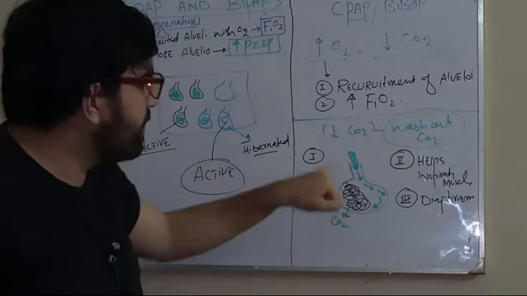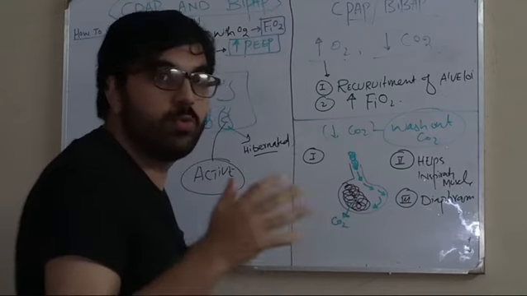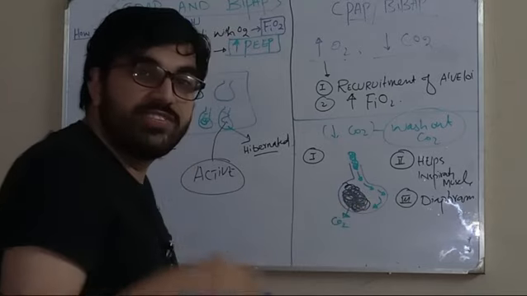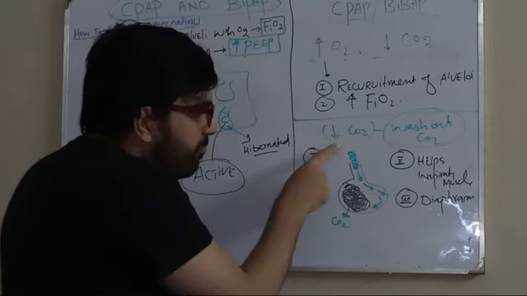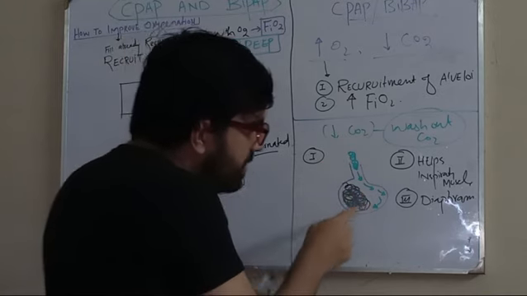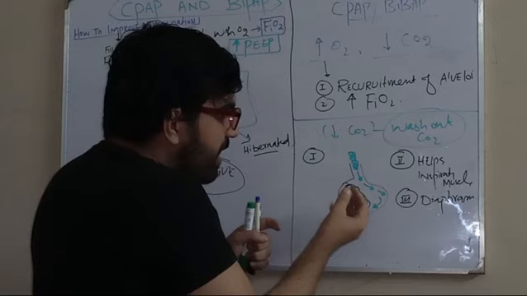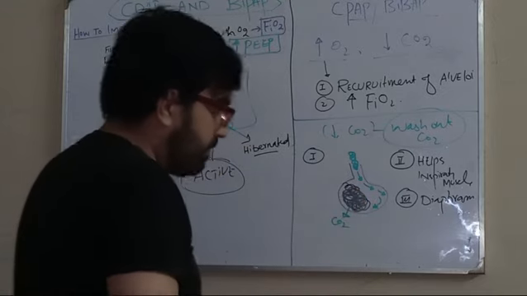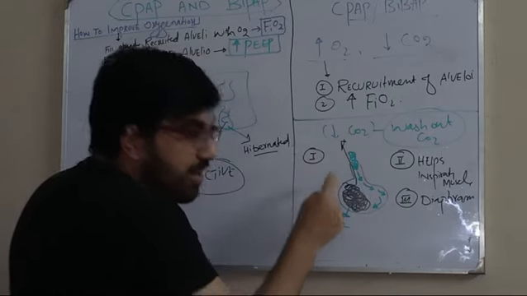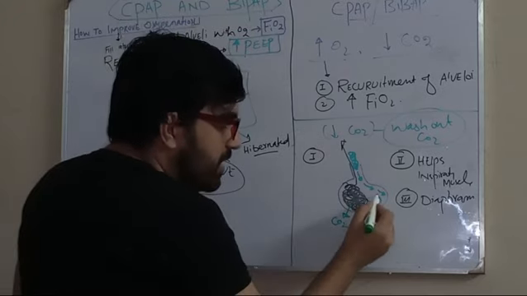If this is the alveoli and this is the high CO2 in the alveoli, the CO2 retention over here, what the CPAP and BiPAP do is force the air to come. When it forces the air in, it makes the already present air in the alveoli escape. When that escapes from the alveoli, there comes air with less CO2.